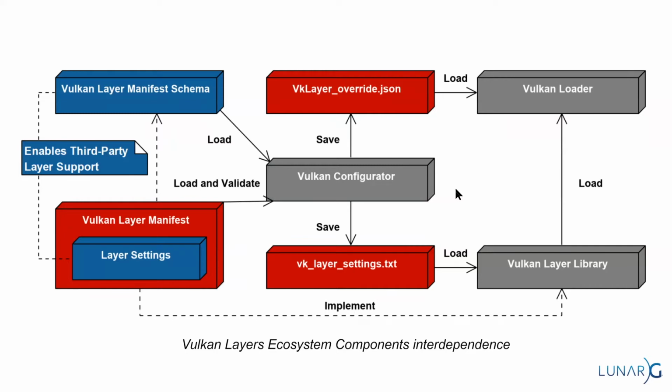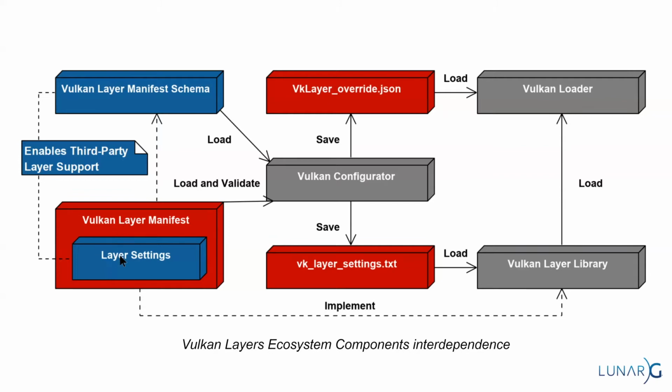More sophisticated. So with Vulkan Configurator, this is the centerpiece of how to control the layer. The layer is composed basically of two parts. There is a binary, of course, but there is also a manifest.